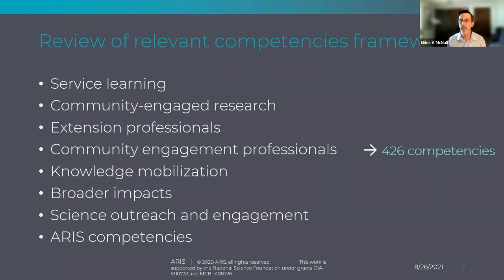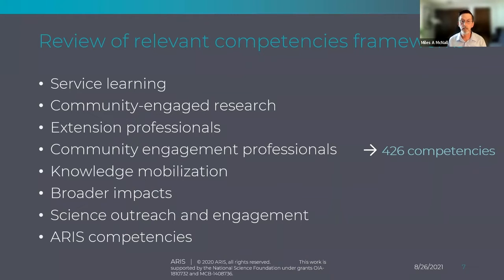And she identified 426 competencies across these different, essentially cognate disciplines: service learning, community-engaged research, the competencies of extension professionals and community engagement professionals.